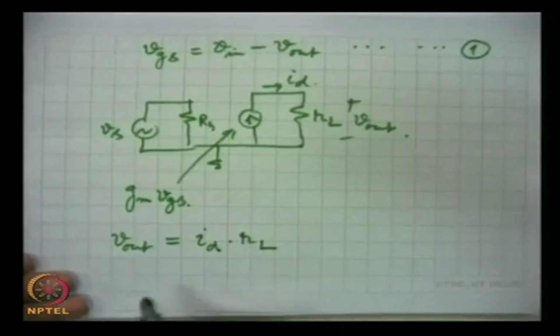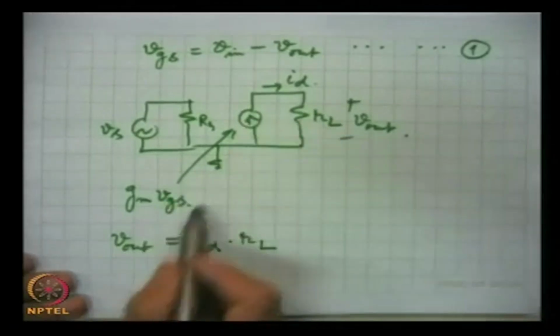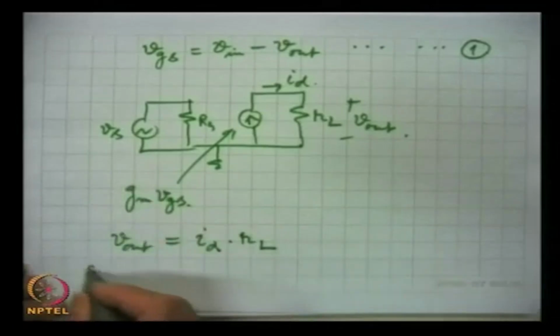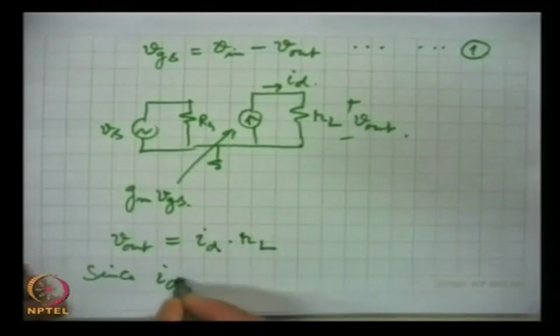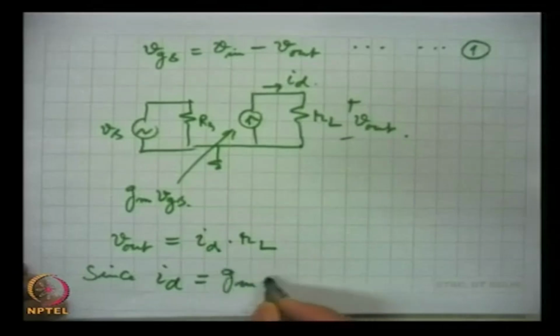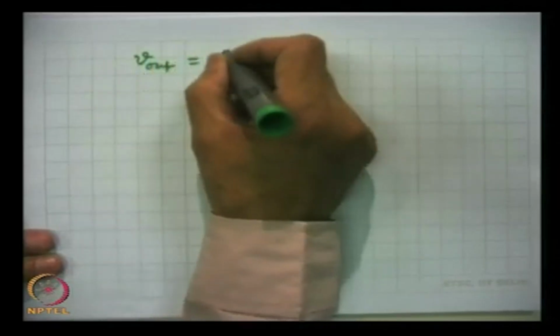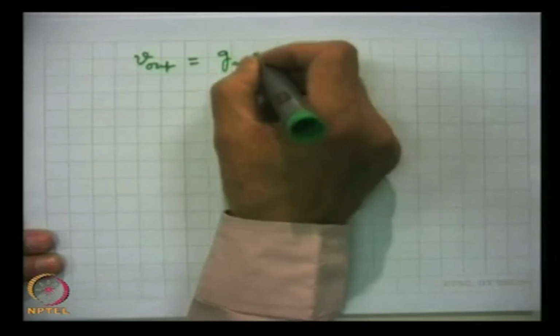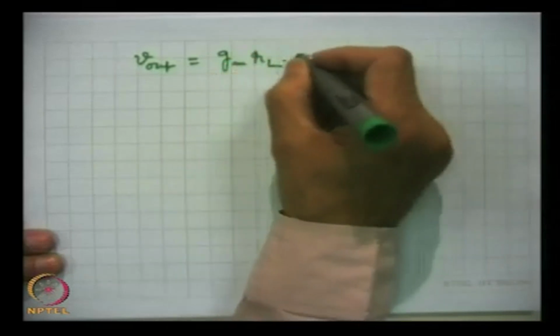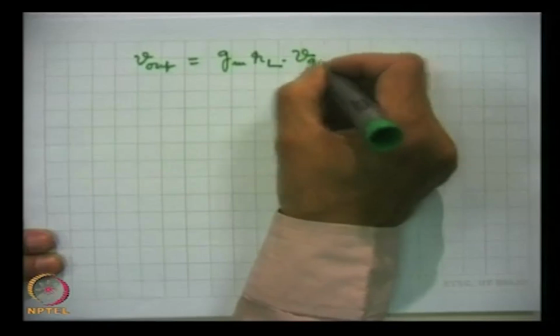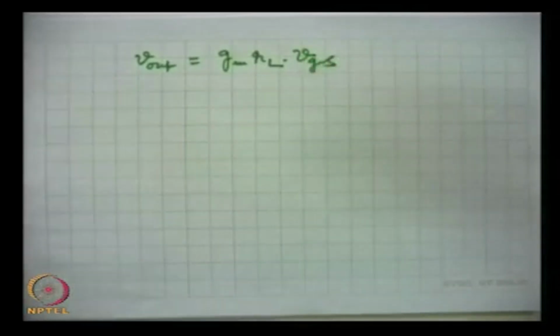Now, ID is equal to this. Since ID is equal to GM VGS, so we have V out equal to GM RL into VGS, and VGS from equation 1 we have this.